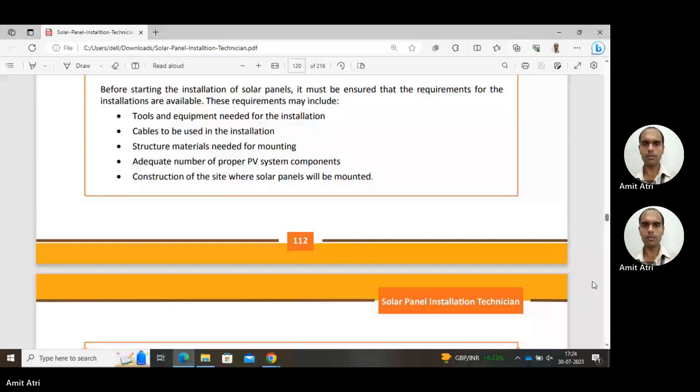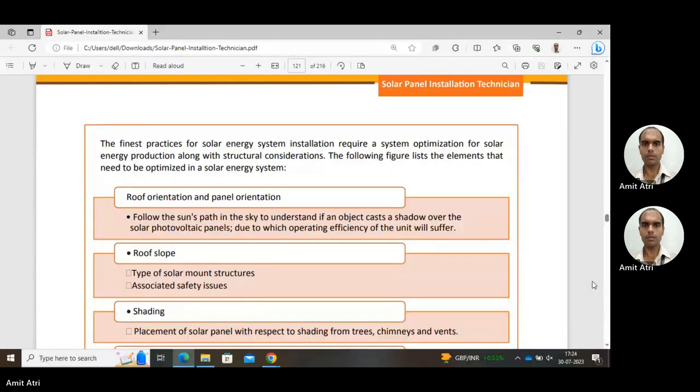The finest practice for solar energy system installation requires system optimization for solar energy production along with structural considerations. Now the structural considerations we will be discussing here. First, roof orientation and panel orientation.